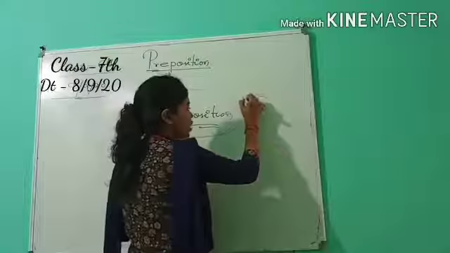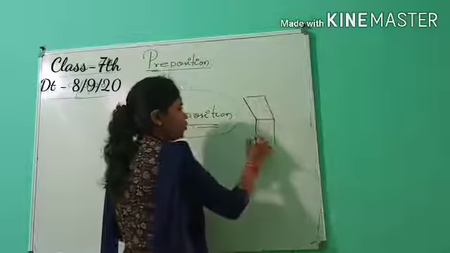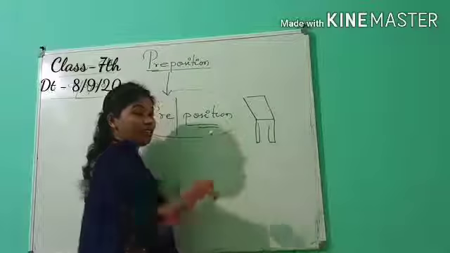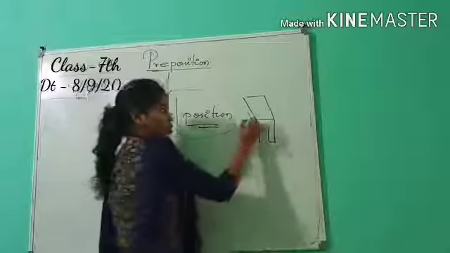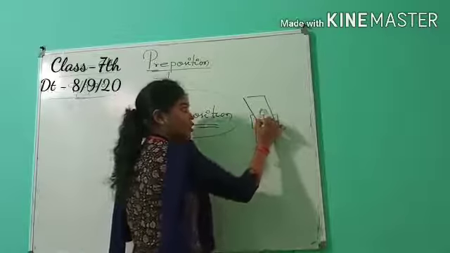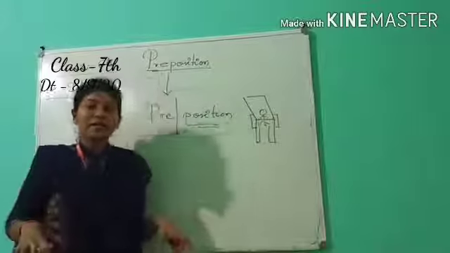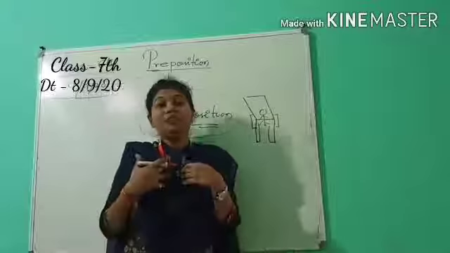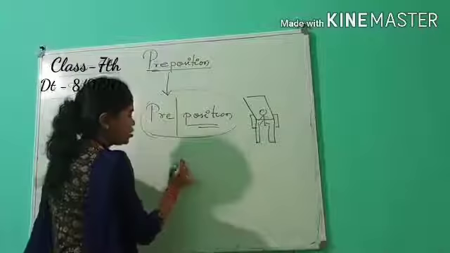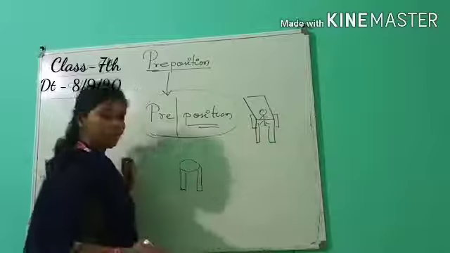For example, see, I'm not good at drawing, but still I'll try. This is a chair, right? If the chair has handles on both sides and I'm sitting here, then I will say that I'm sitting in the chair, right? For example, if I'm sitting here, what is it?